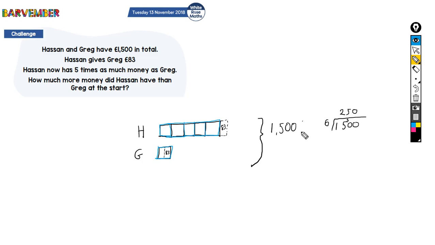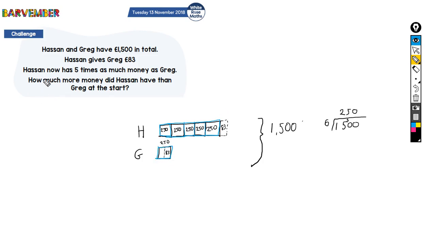Each of these blocks is worth 250. I don't need to write it in, but it just shows 250, 250, 250, 250, and this is 250. This whole block.